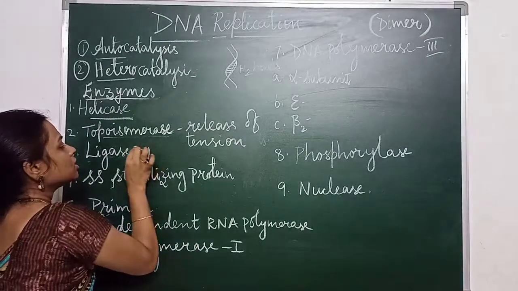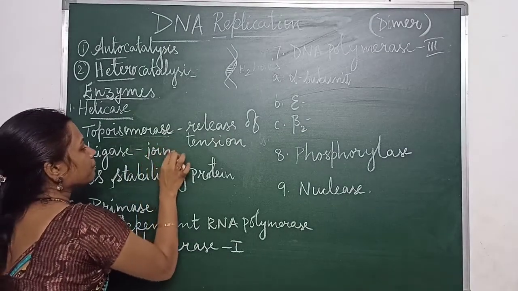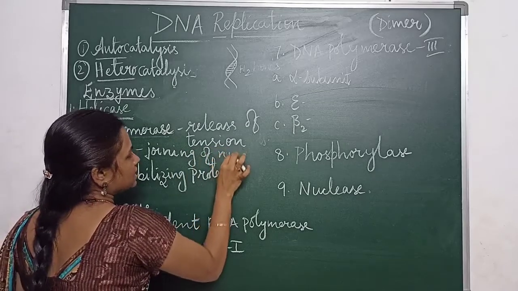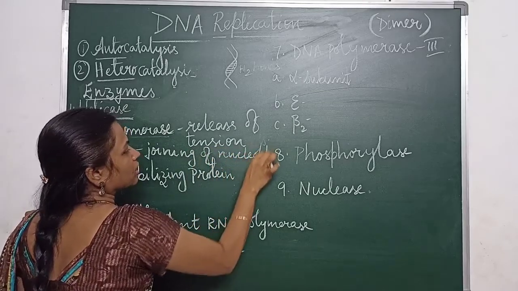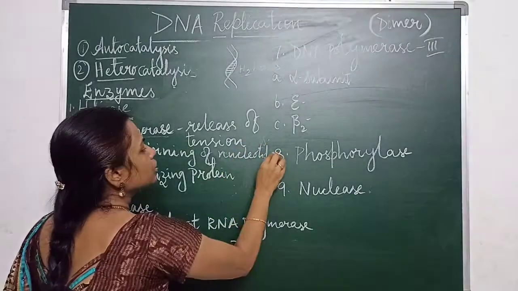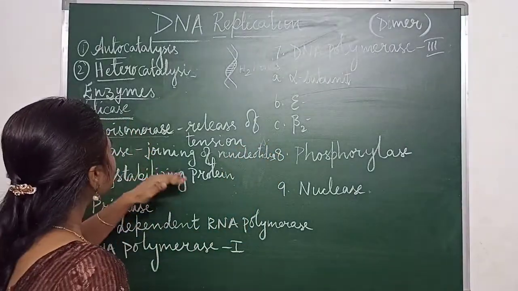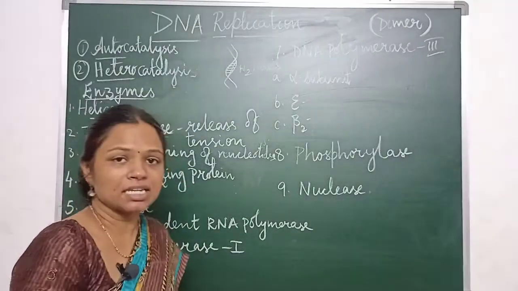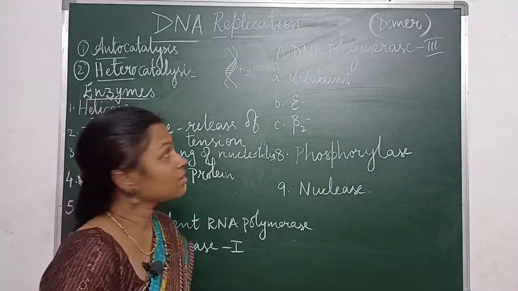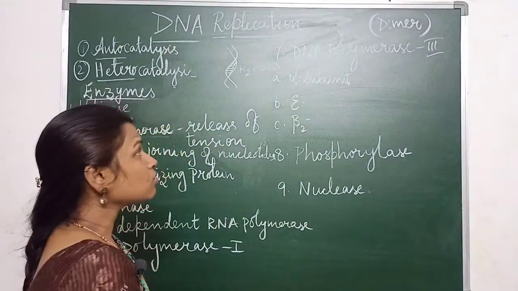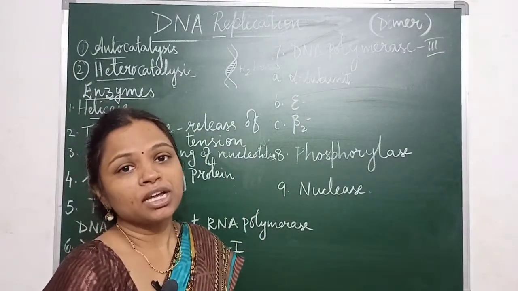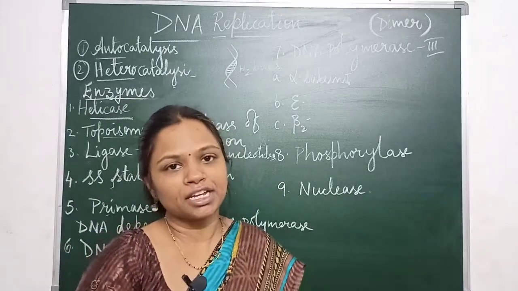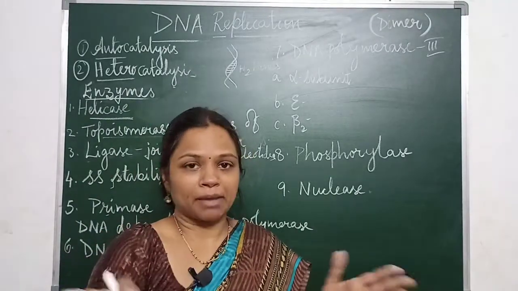This helps in the joining of the nucleotides. Not only does it help the topoisomerase to reseal the polynucleotide chains, but also in the further process of replication, there are some fragments of the daughter DNA chains wherein there are some gaps, right?